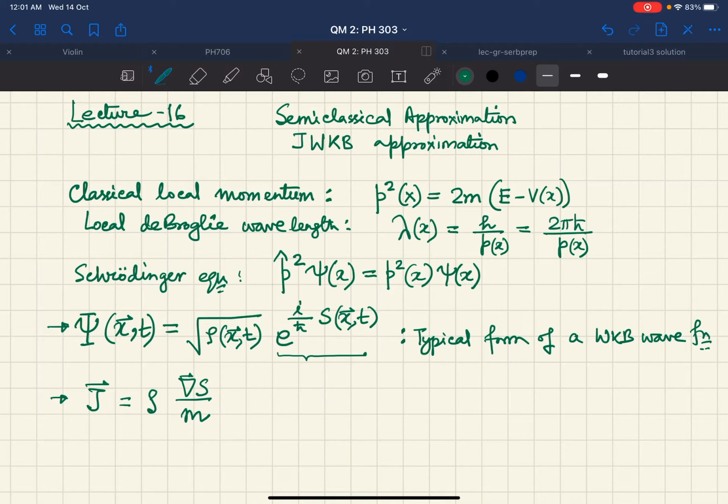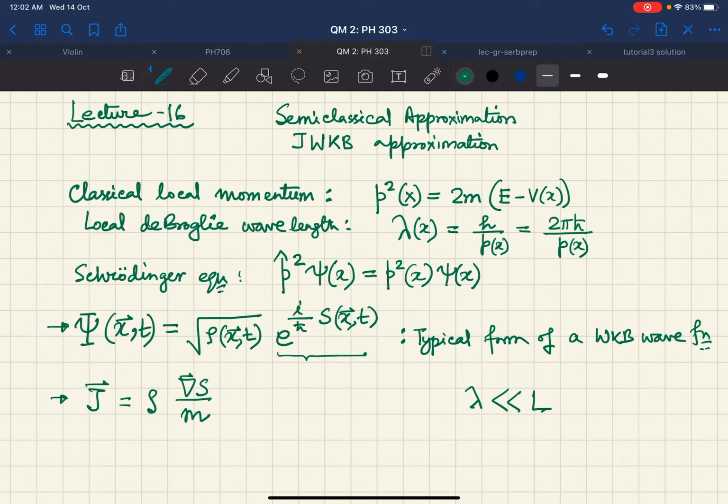Finally, we also recall that the semi-classical approximation will hold if the de Broglie wavelength lambda is much less than some length scale that is already there in your problem, and lambda is slowly varying with position.